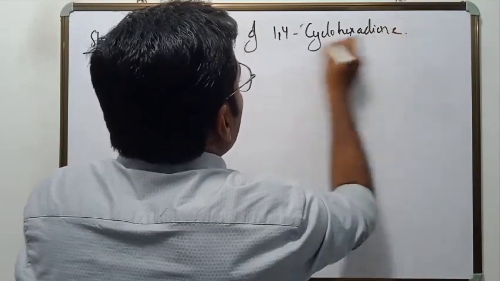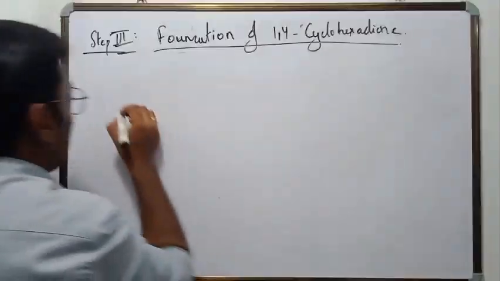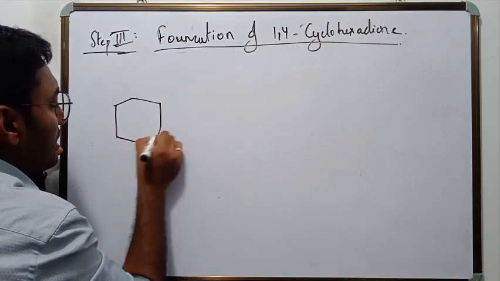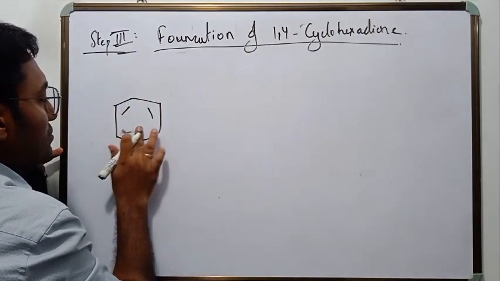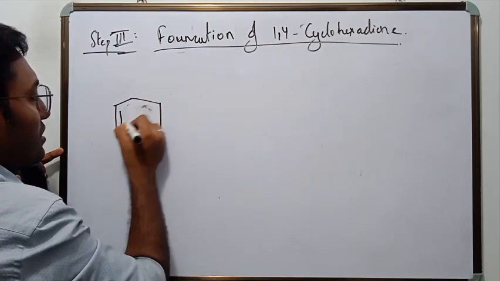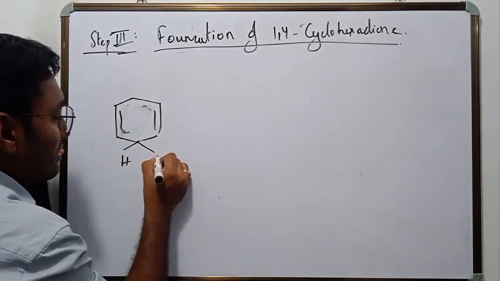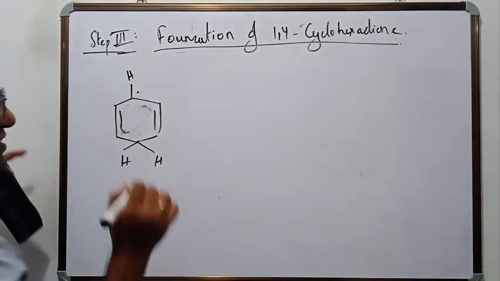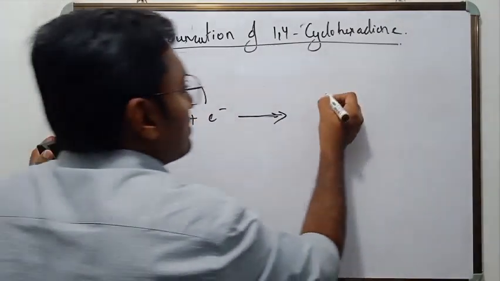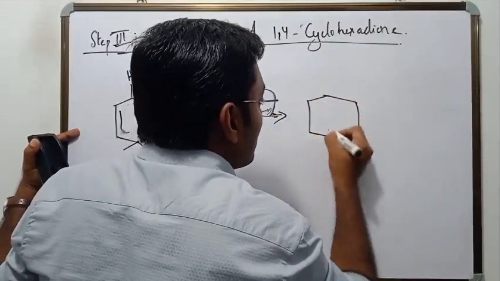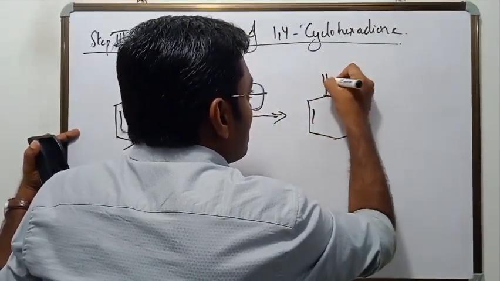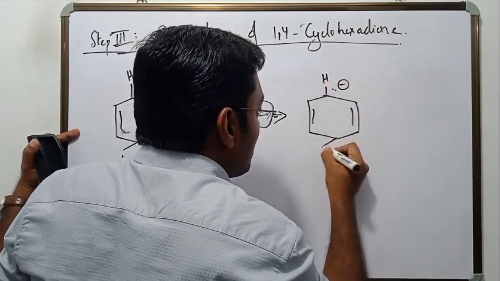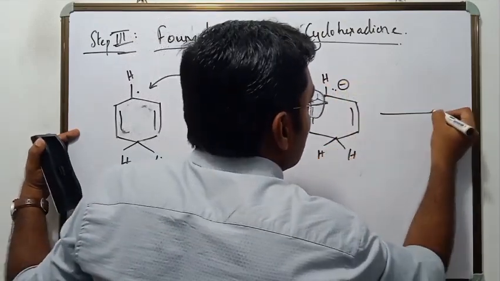Now we have to start from benzene free radical, right? So here is the benzene free radical. Am I right? Yes, fine. Now another electron comes and attacks at the same position. Same situation occurs.